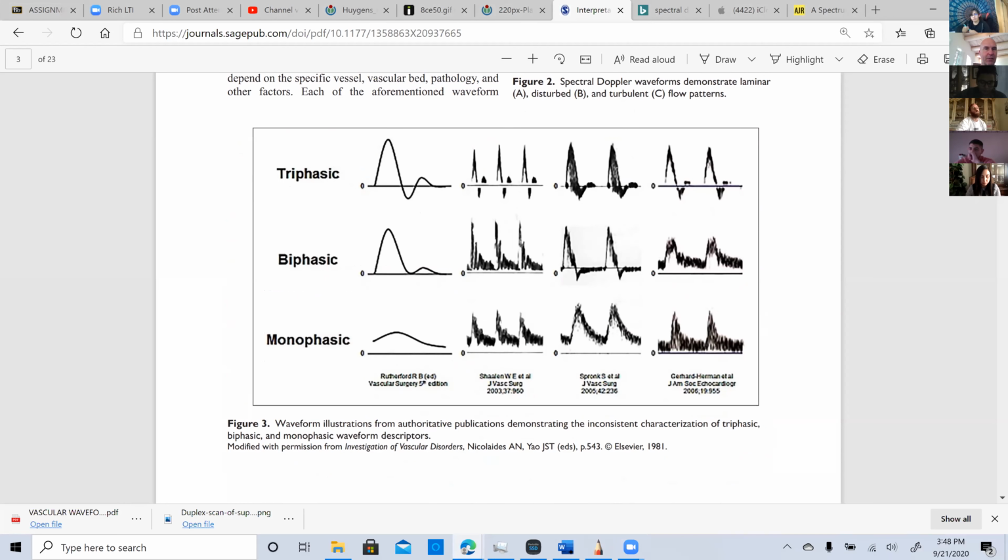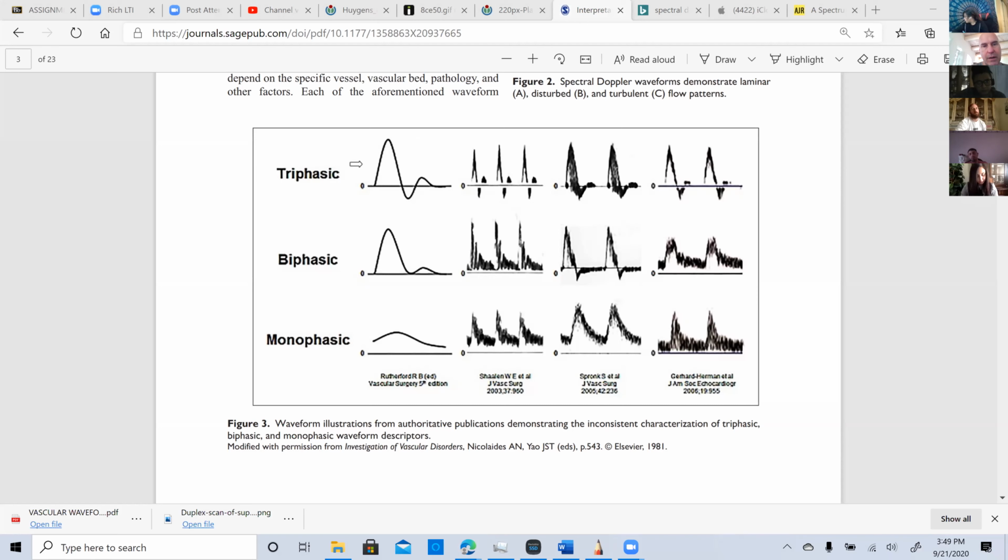Triphasic. Okay, so that's pretty well established. Okay, that's the second time today my spotlight didn't work.